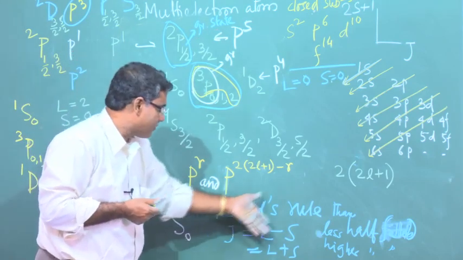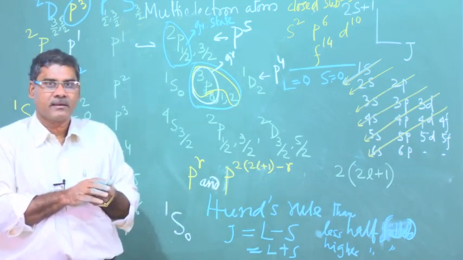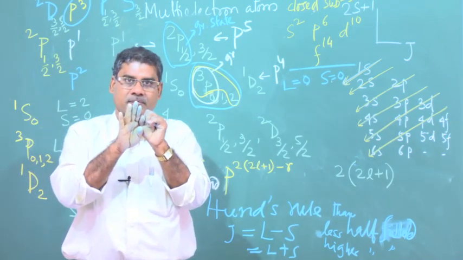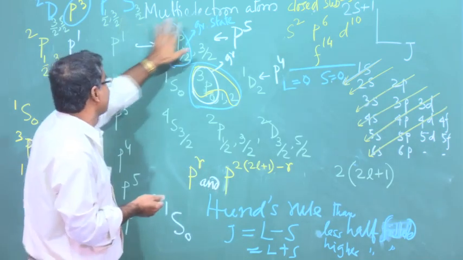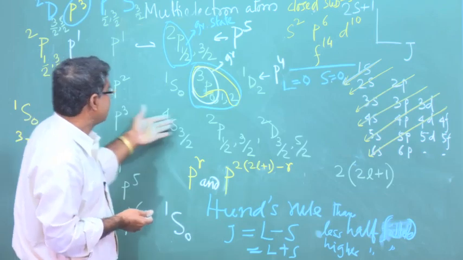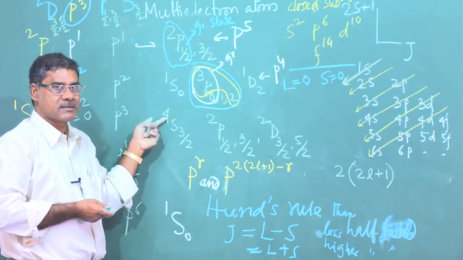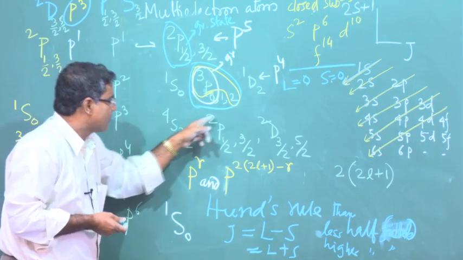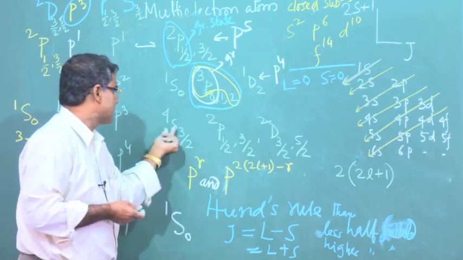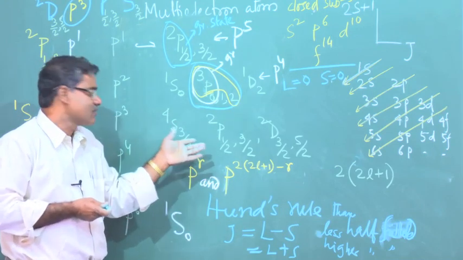So, you have to take help of Hund's rule, which says first maximize S, then maximize L. So, you have to find out the maximum S. In this case, P3 gives the maximum S. Then I will select this term. L is the same. Now, here is 3/2, there is no other choice.